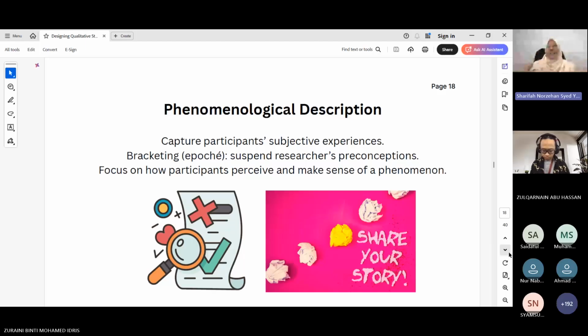It means that when you want to interview them, make sure you don't have any preconceived idea about the issues or about that particular person. All right? So detach yourself, free yourself from thinking something else negative that can influence the interview. So that is very important for you as a researcher.